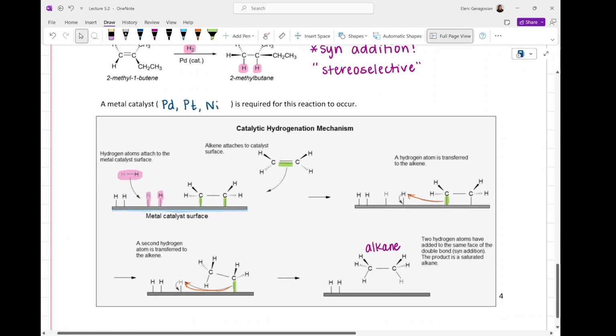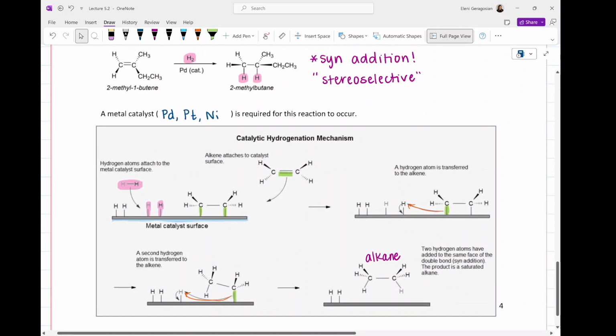And that's really all for the mechanism, but now that you can visually see that the alkene bonds to the metal surface like this is why we have syn addition. The two carbons are laying flat on that metal surface, so that the hydrogens being added are adding syn to each other, so on the same side.